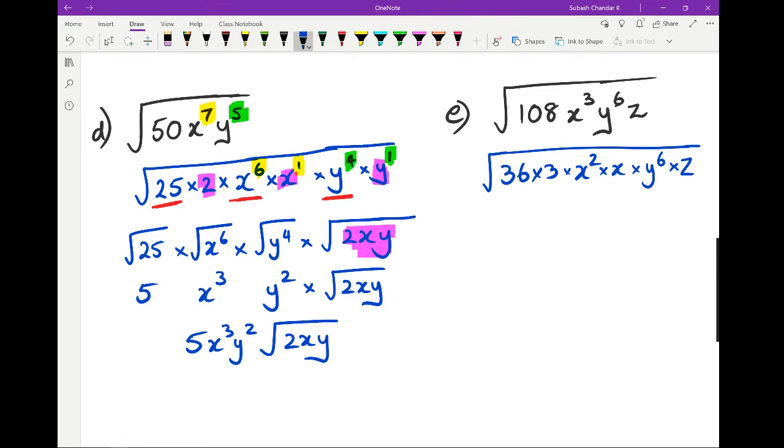So the next thing is looking at what are all the things I need to actually do square root of. That's going to be 36 x squared y6, so I'm going to pull that out. So I have square root of 36 times square root of x squared times square root of y to the power of 6 multiplied by square root of 3xz.